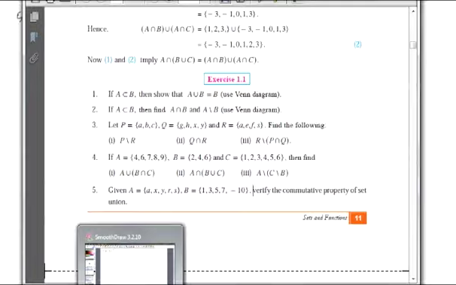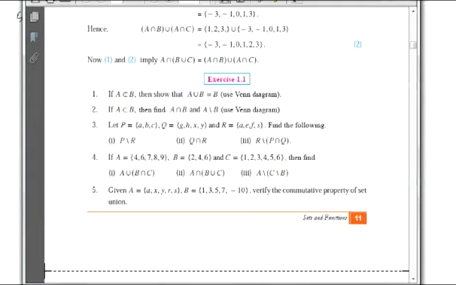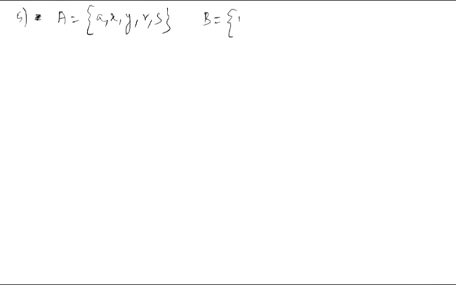A is x, y, r, s, and B is 1, 3, 5, 7, minus 10. Prove the commutative property with union: A union B is equal to B union A.